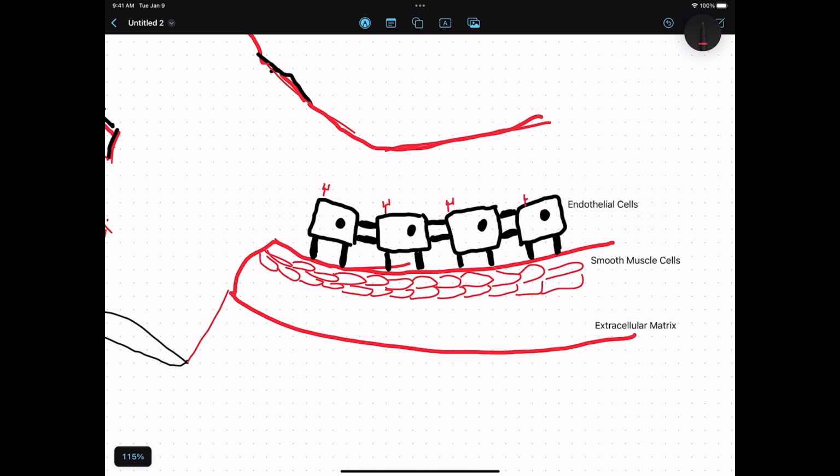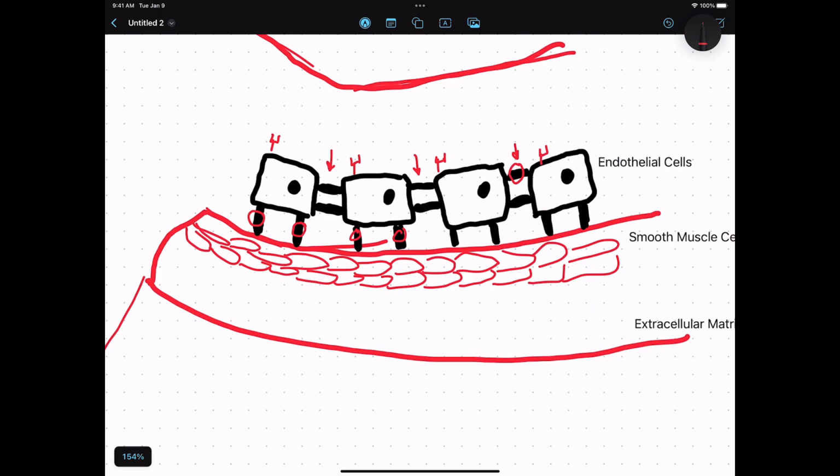Holding or stabilizing these cells side by side are these adhesion molecules. You can see here and here, and if I put a circle around it, here and here. These are like anchors, so these anchors are keeping these endothelial cells in place.